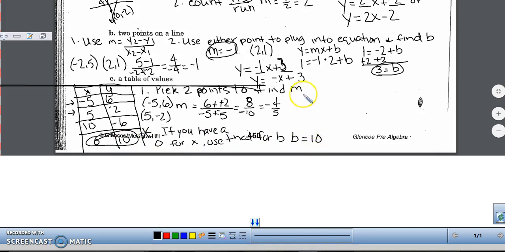Now, step 2 could be just like this one where you plug in m and an x, y to find b. You can do that if there's no 0 on the table. Obviously, if there's a 0 on the table, that's the fastest way to get your b. But I want you to see that you're going to end up with the exact same thing.